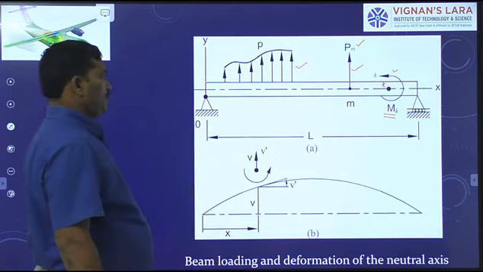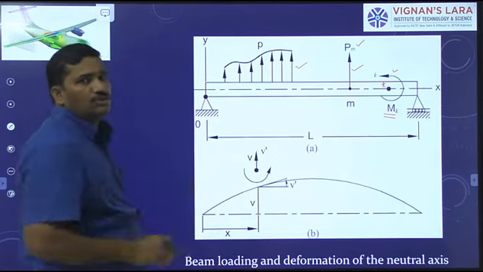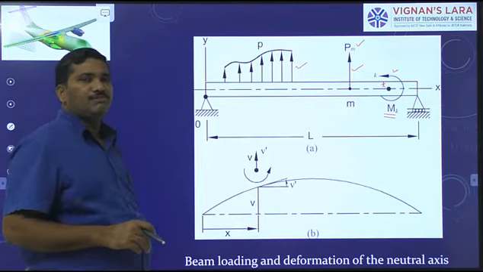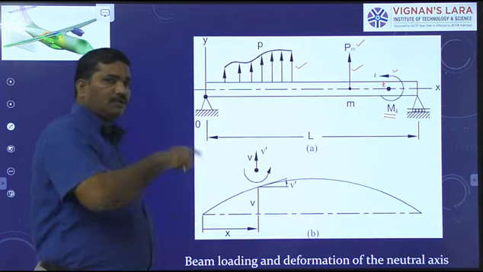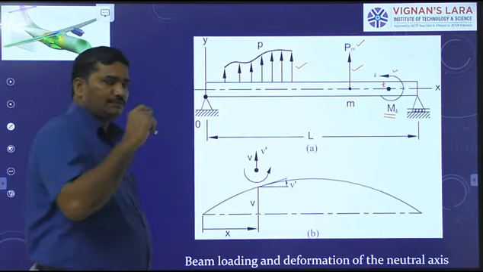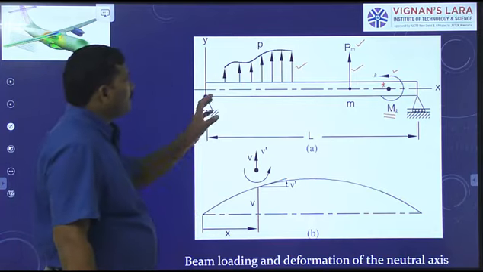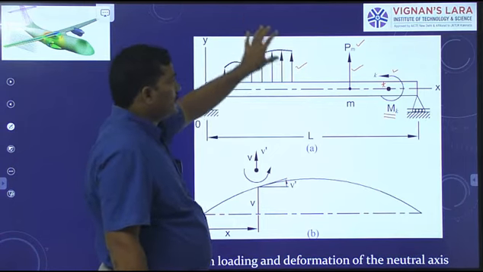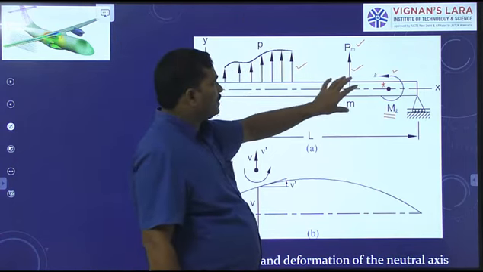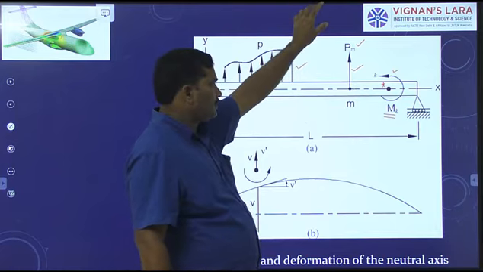Now, when you apply these loads, the beam bends in the form of an arc of a circle. Here, the distributed load P is applied upward and the concentrated force is also applied upward.